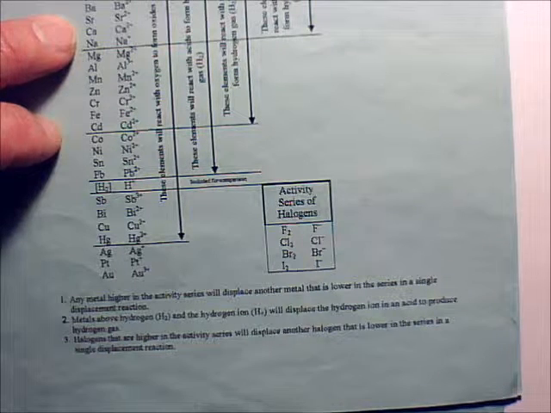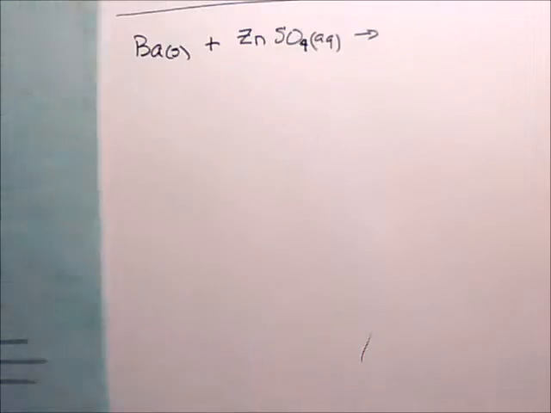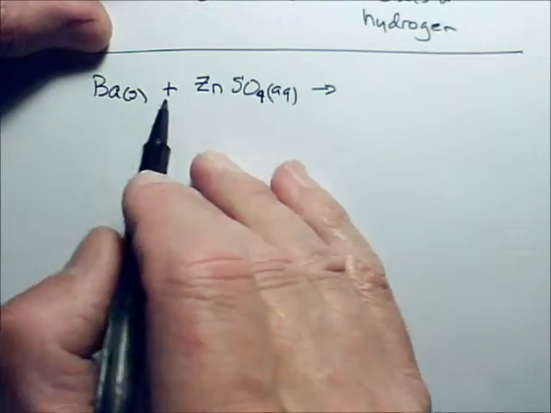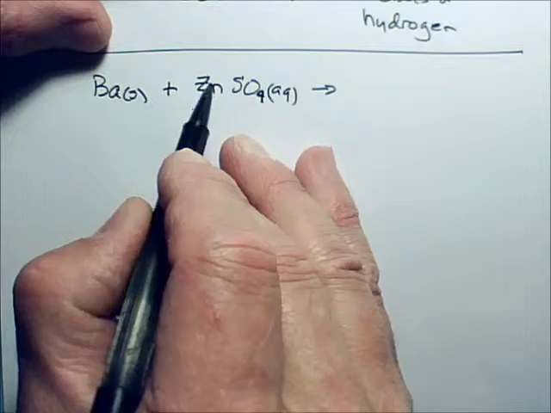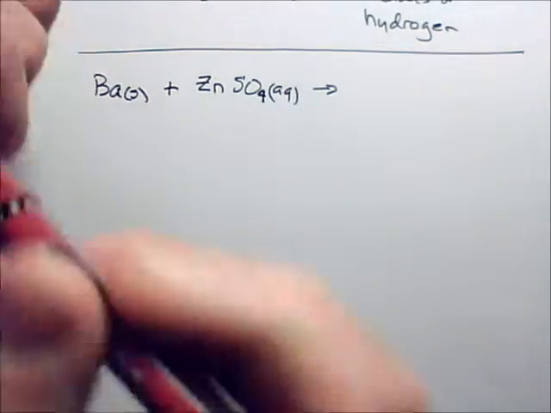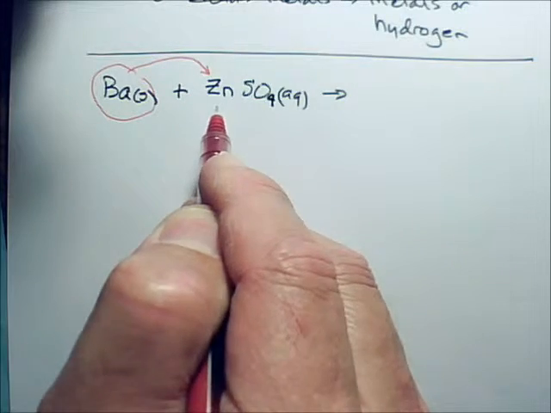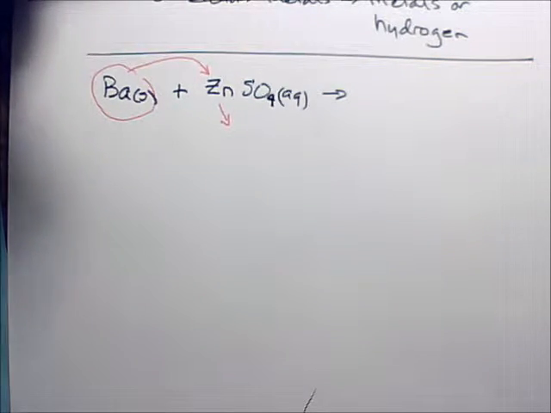We therefore do have a driving force, and therefore we will have a chemical reaction. Does that make sense? Or at least that's the prediction. Okay? So if a chemical reaction will occur, then I can replace the zinc with the barium. So the barium can go over here and kick the zinc out. All right?